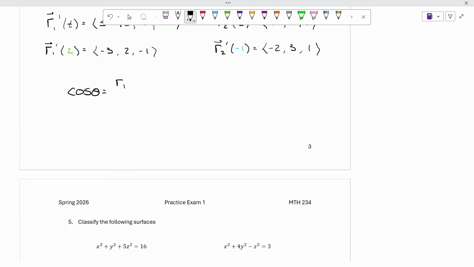So I want R1 prime of 2 dotted with R2 prime of -1 divided by the magnitude of R1 prime of 2 times the magnitude of R2 prime of -1. Notation ends up getting a bit fun, but we got it all in there. So let's go look at what those things are going to be.